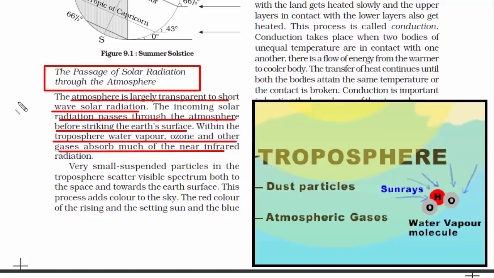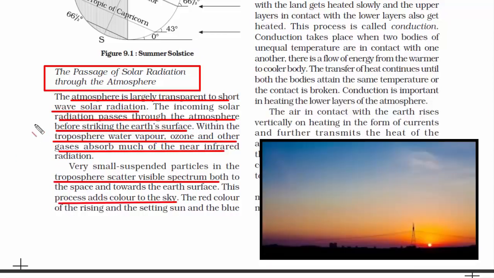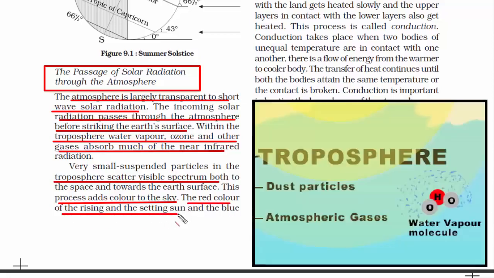Now the moment sun rays pass through these, they scatter, causing some color effects like the blue sky, and the red color of the rising and setting sun. So always remember, the color of the sky is a direct result of scattering of sunlight within the atmosphere.